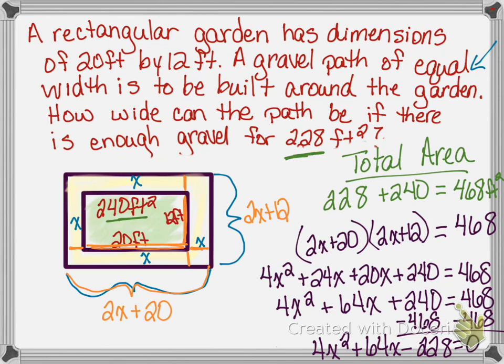Okay. Now I'm going to the next screen. Has everybody got this screen written down? I can go to the next screen. So what I should have here is 4x squared plus 64x minus 228 equals 0.